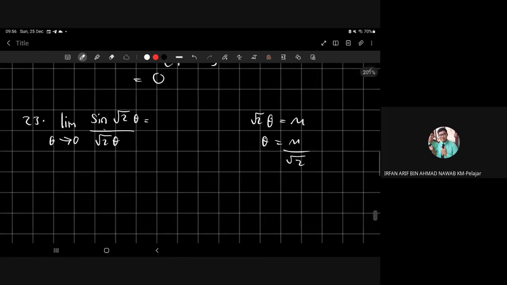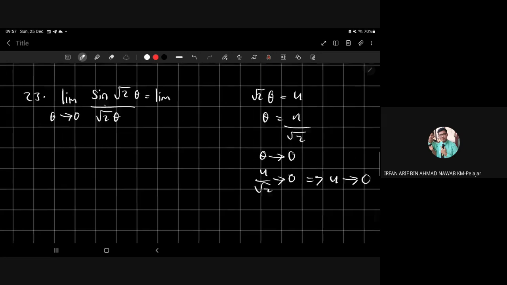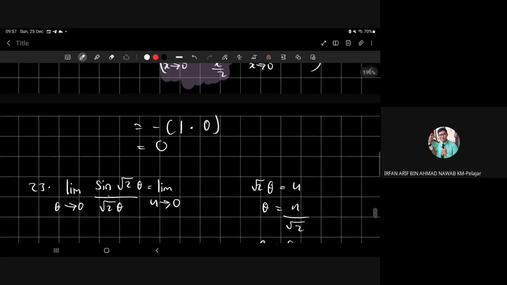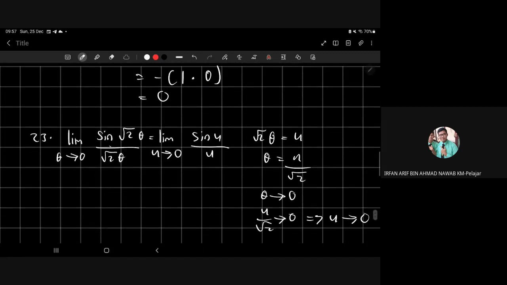As theta approaches 0, square root of 2 theta approaches 0, which implies that u approaches 0 as well. So this becomes the limit as u approaches 0 of sine u over u, and we can evaluate this limit based on the previous identity.